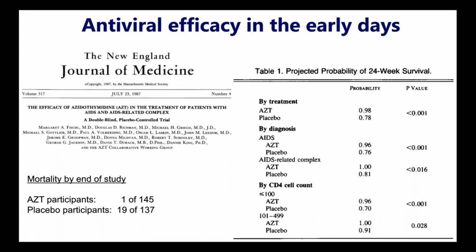So mortality at the end of the study, 24 weeks, one of 145 of the AZT recipients had died, and 19 of the placebo recipients, and the study was halted. And as you can see, the various subsets on the right here of subjects all showed a statistically significant benefit in terms of survival.